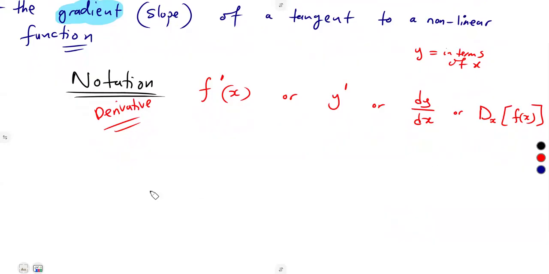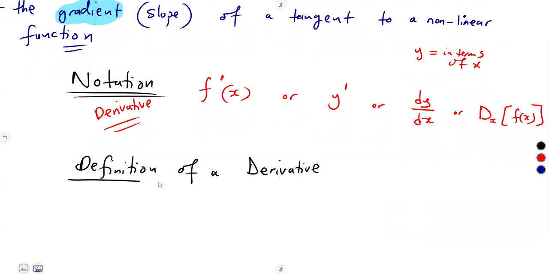Mathematically, the definition of a derivative. Mathematically, we are saying if we are given a function, let me write it down.